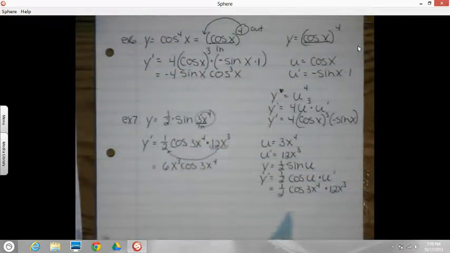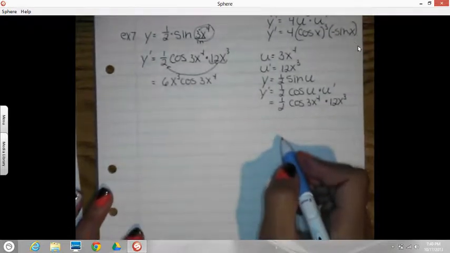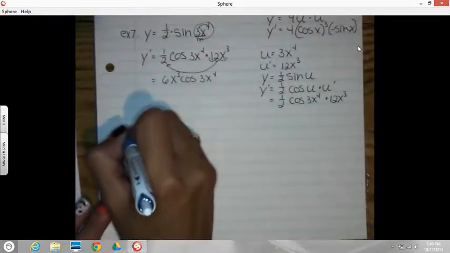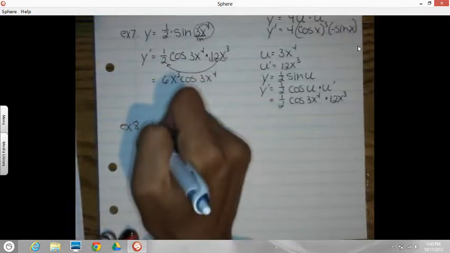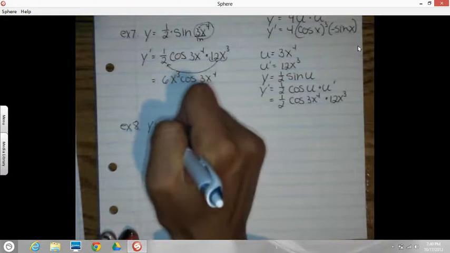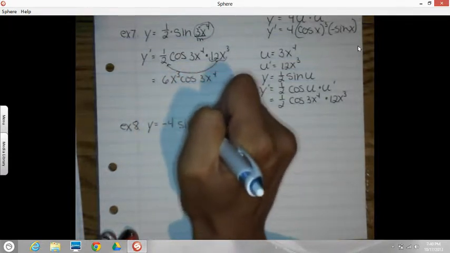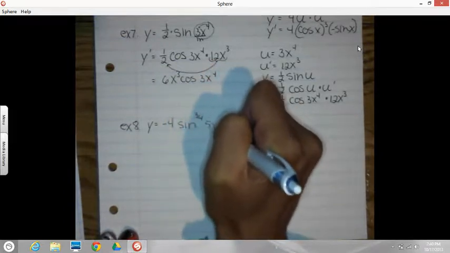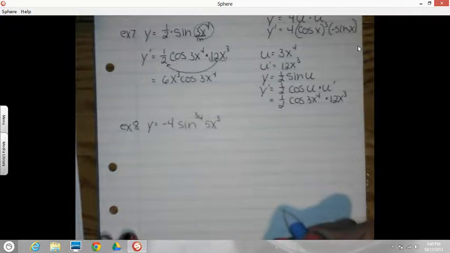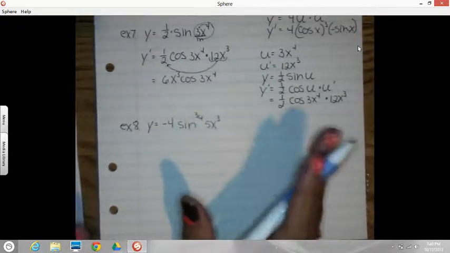Okay, last one, and it's a doozy. Get a lot of lines here. Let's see, we've got y equals negative 4 sine to the 3/4 of 5x cubed. Again, anytime I see the power on the trig function, I rewrite it in parentheses.